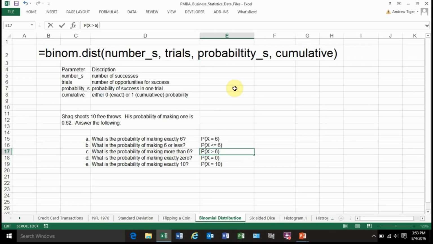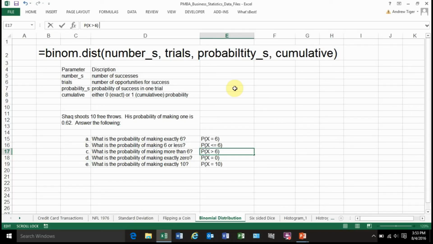So how you want to read this is how many successes out of how many trials. So the trials is always greater than or equal to the number of successes. The probability_s is an input, the probability of success for one trial. So like flipping a coin, that number is 0.5 if you would define success as getting a heads, for example.